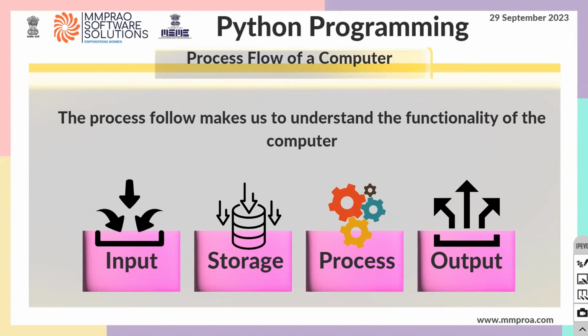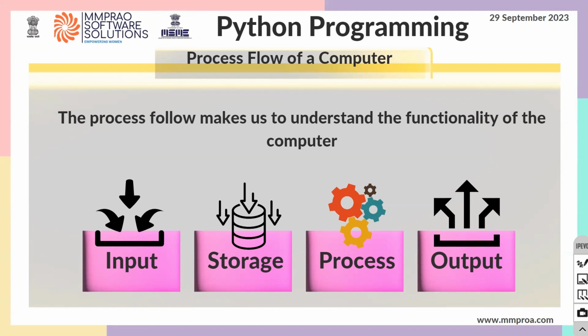Otherwise, it's also called the block diagram of computer. The reason we call it the block diagram of computer is that we are trying to represent the execution or functionality of the computer using certain blocks or rectangle blocks. That's the reason we also call it the block diagram of computers. But today we don't call it a block diagram of computer.